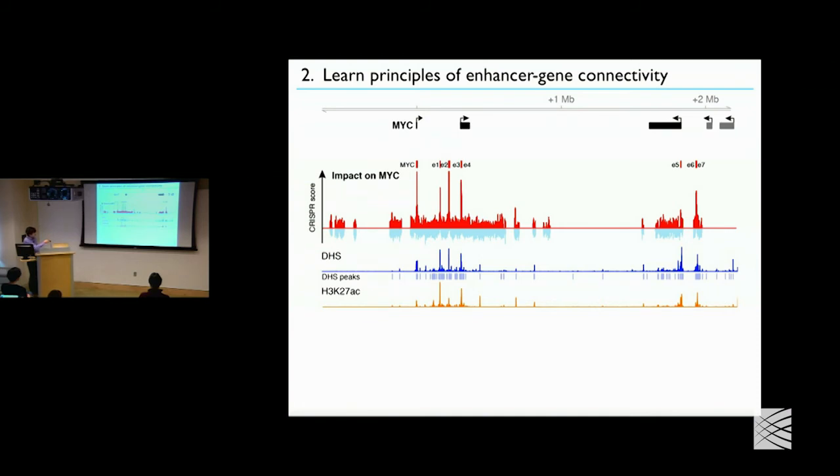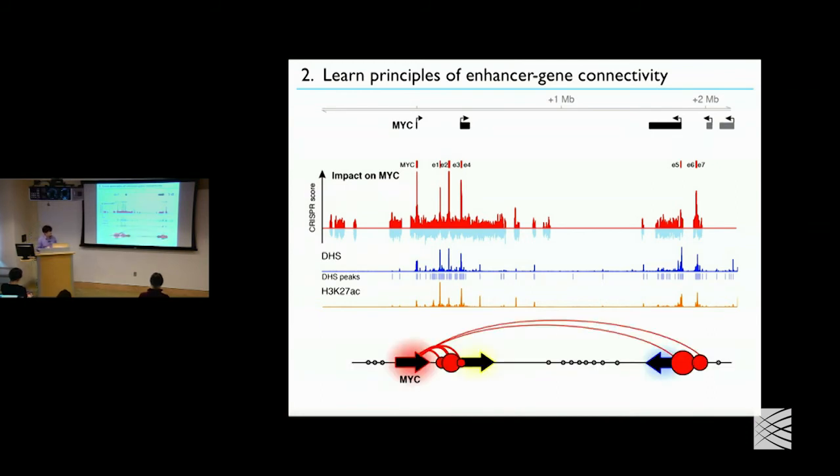If you do that, you see there are about 100 peaks of DNase hypersensitivity in this region, which were essentially all annotated as putative enhancers. Turns out that the ones that matter are the strongest ones. We'll get back to what that cutoff is in a minute, but that was an important insight. And so I'm going to start drawing this locus like this, where the size of this circle indicates the strength of these signals.